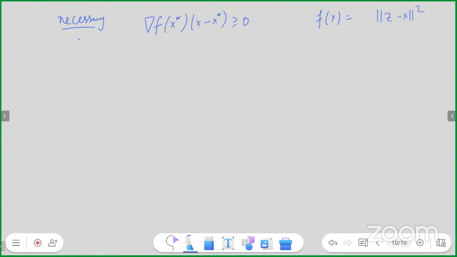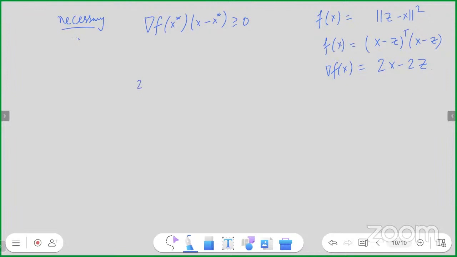That should be greater times X minus X star. Okay, so applying that, what do I get?